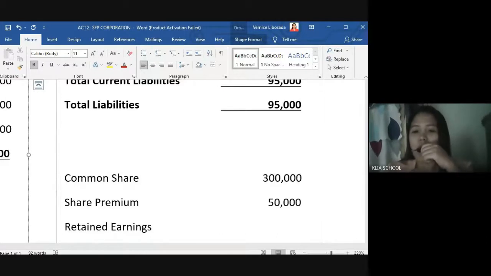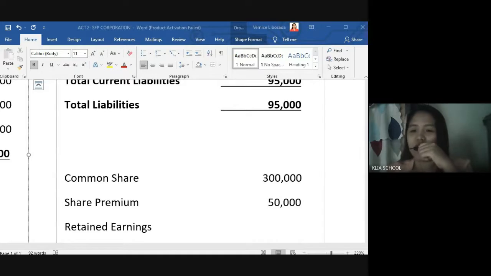Now, ano naman ang gagawin natin sa common share and share premium based on the rules of the statement of financial position? Nabanggit ito kanina ni Roxanne kapag sinabing retained earnings. Ibabalik, di ba? I-return natin yan sa kanila.